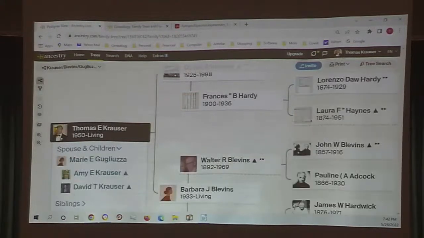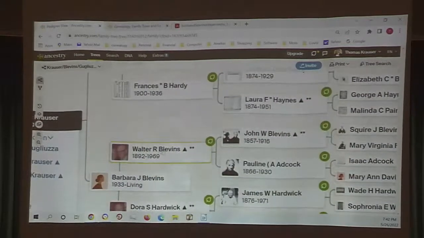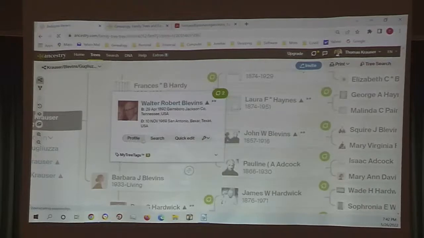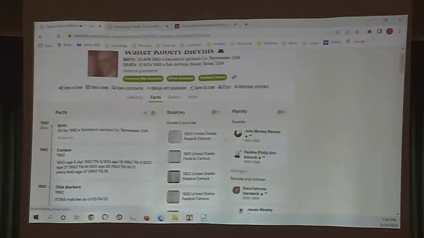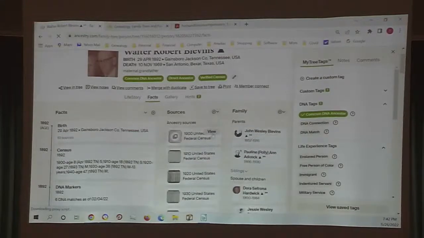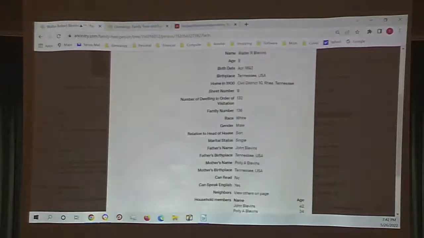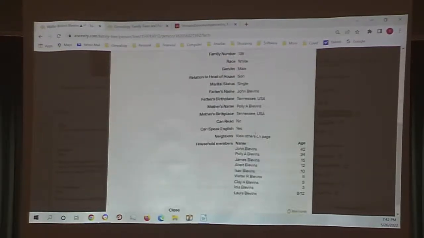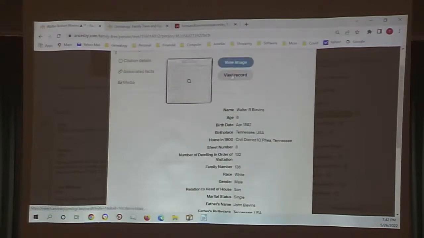Okay, I'm just going to show you a quick example. Suppose I look at my grandfather here, and I do his profile. Okay, and I look at the 1900 census, and I view it, all right? And this is another suggestion that I've made to Ancestry. So if I view the record, I come up here and view record, all right?